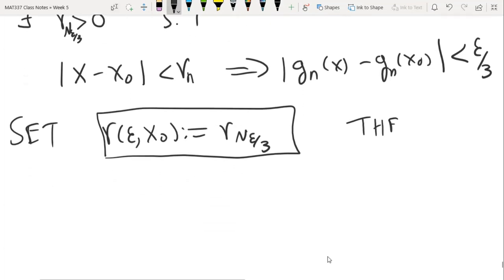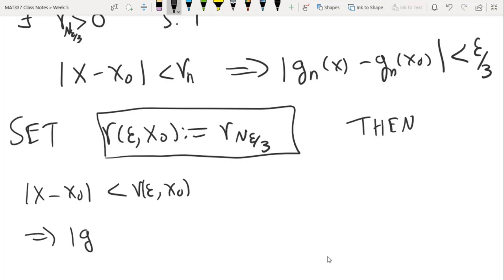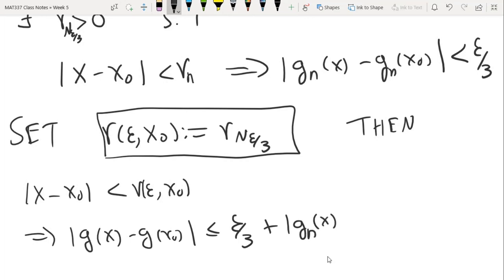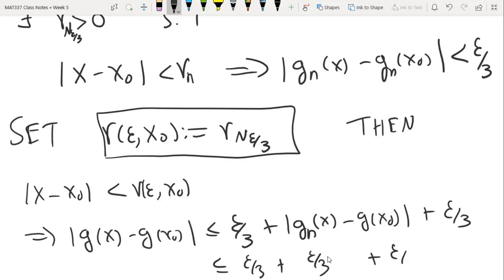Then indeed, |x minus x naught| less than this R gives us epsilon over 3 plus, you write n, so this is from here.